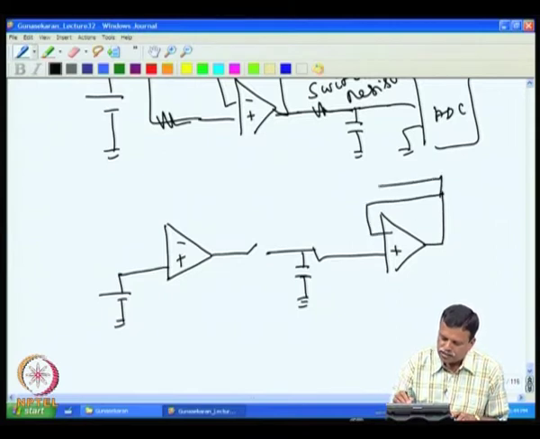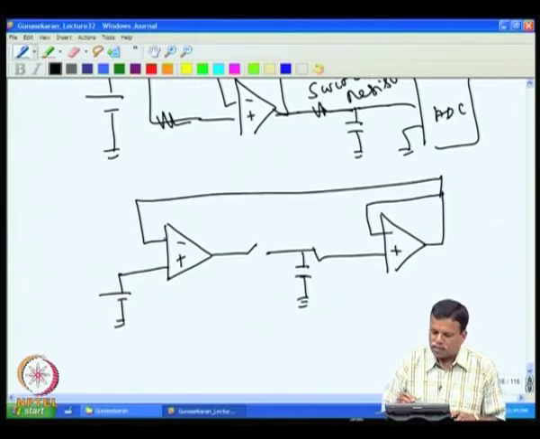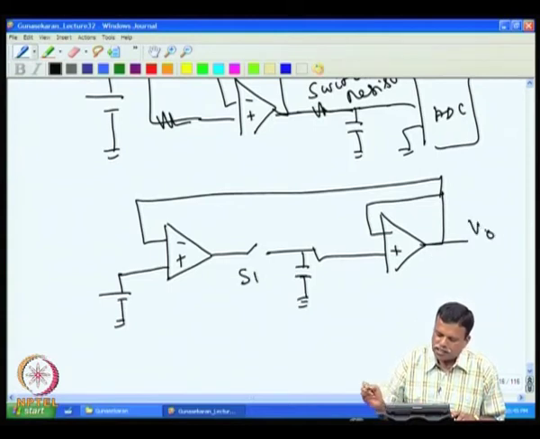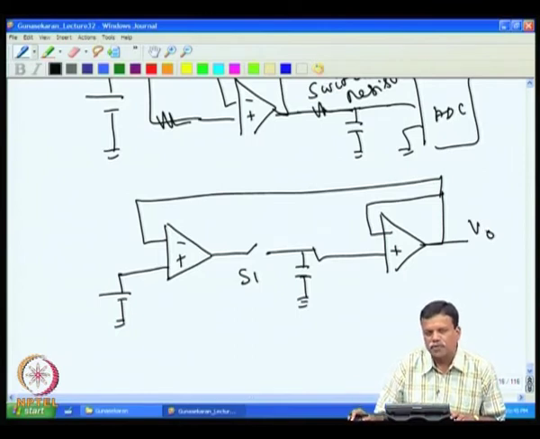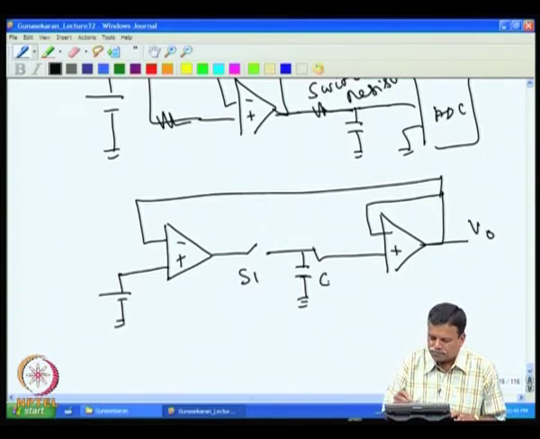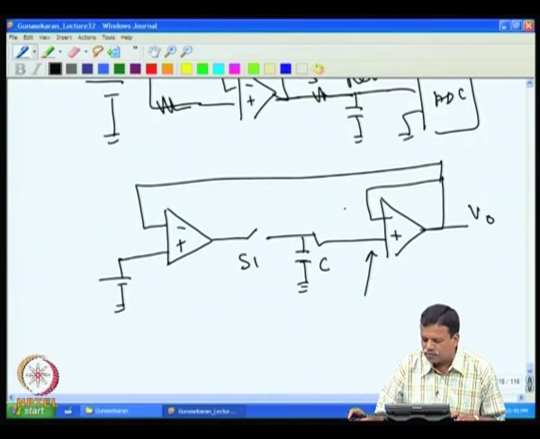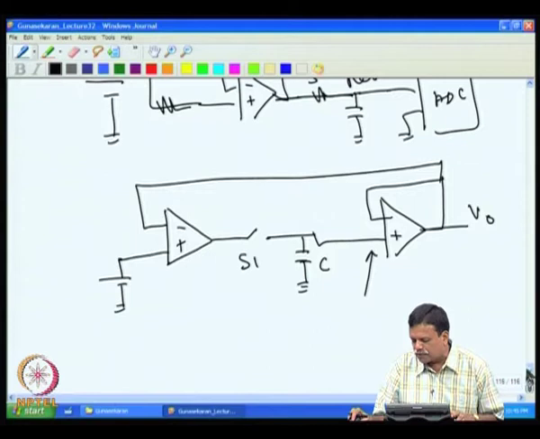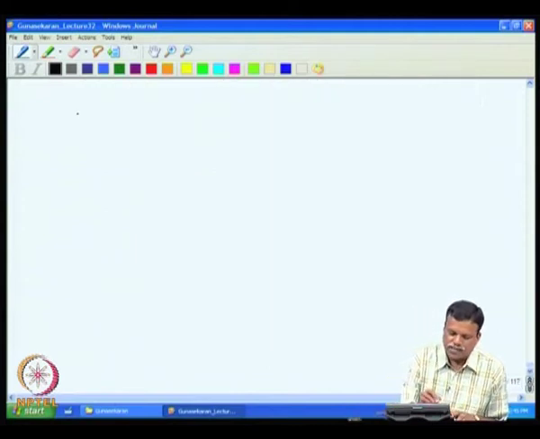It can also be connected back to the input, so that the total error is reduced, and upon charging one can disconnect the switch, then the output can be taken from here. This type of sample and hold amplifier gives a very low sampling time, 1 or 2 microsecond, to sample the voltage and keep it on the capacitor C, and the droop is determined mainly by the bias current of this amplifier.